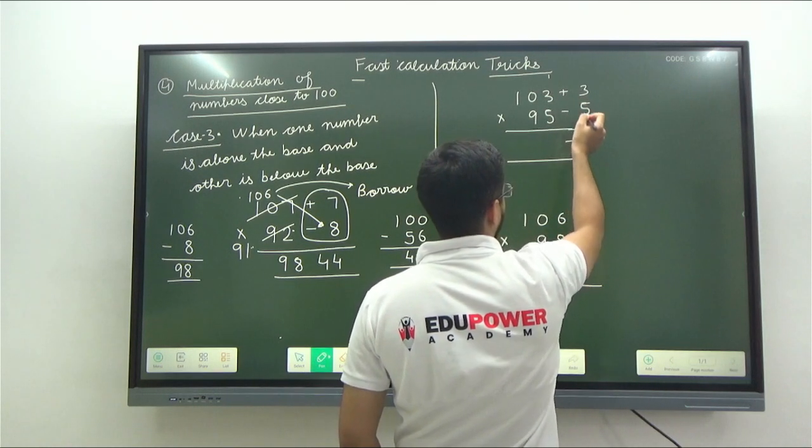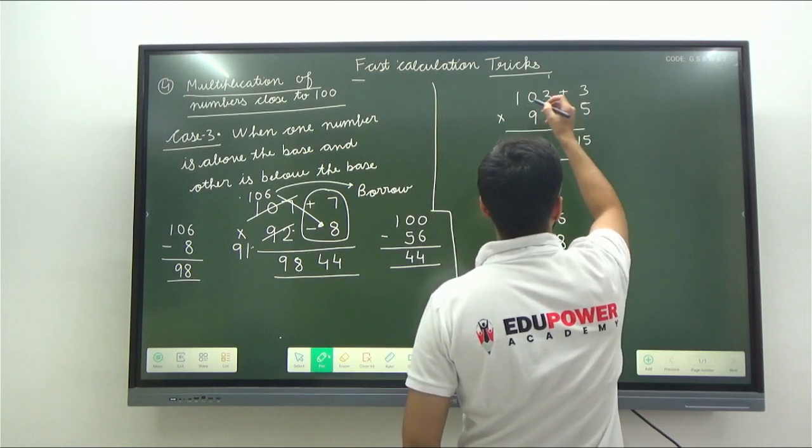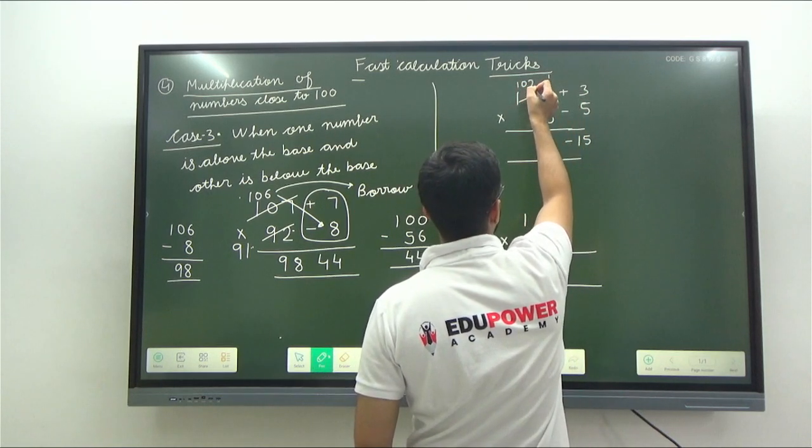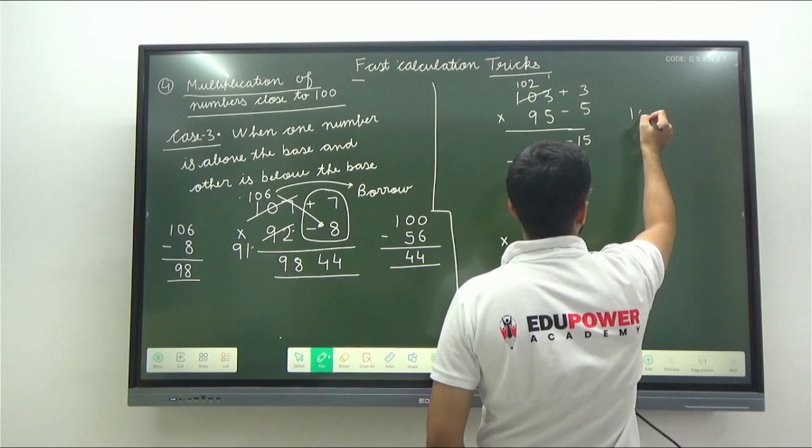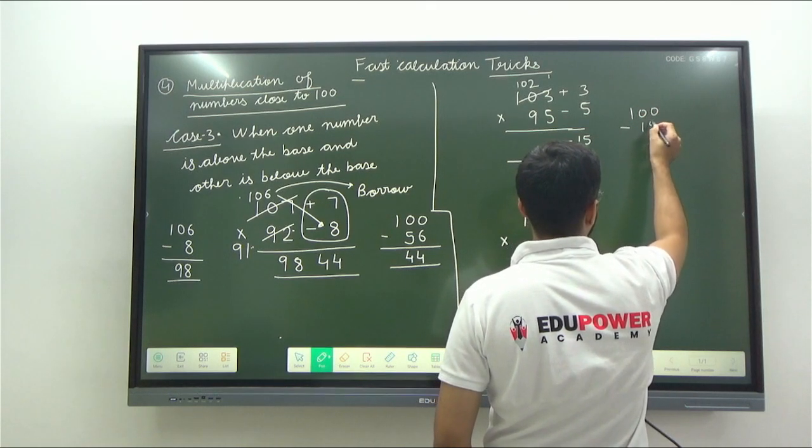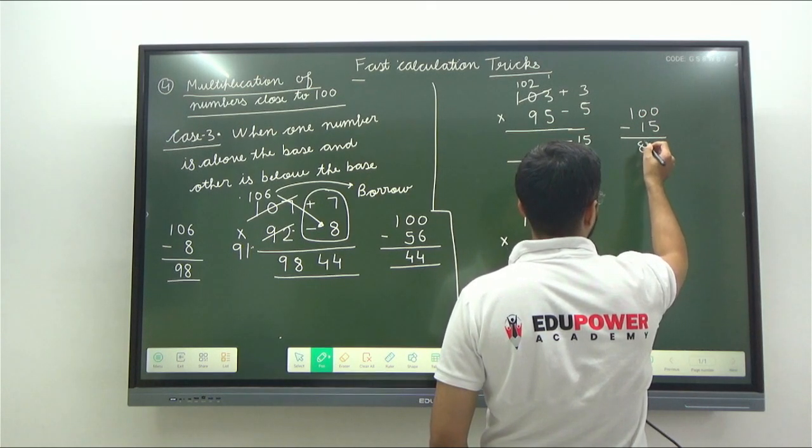But we do not write it as minus 15. What we will do, we will borrow, this will become 102. So, 100 minus 15, this will be 85.